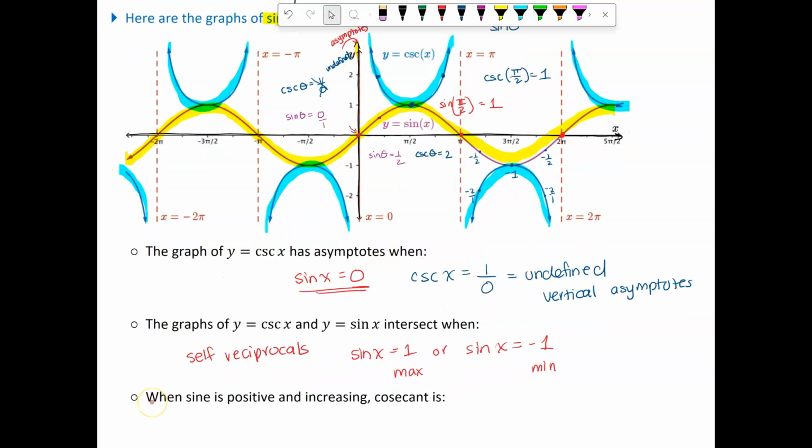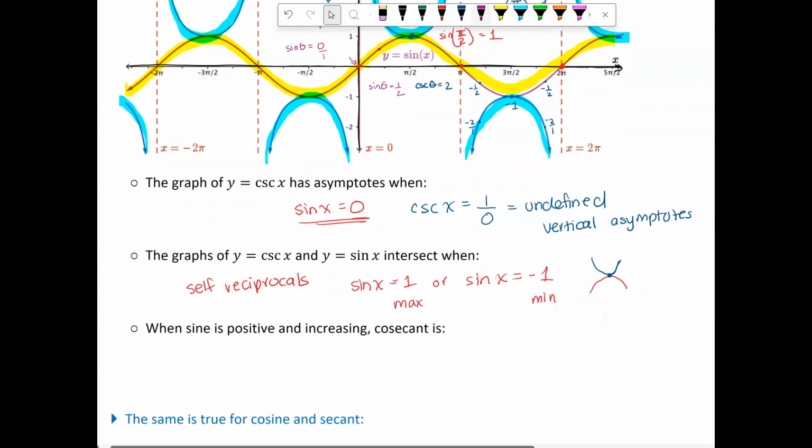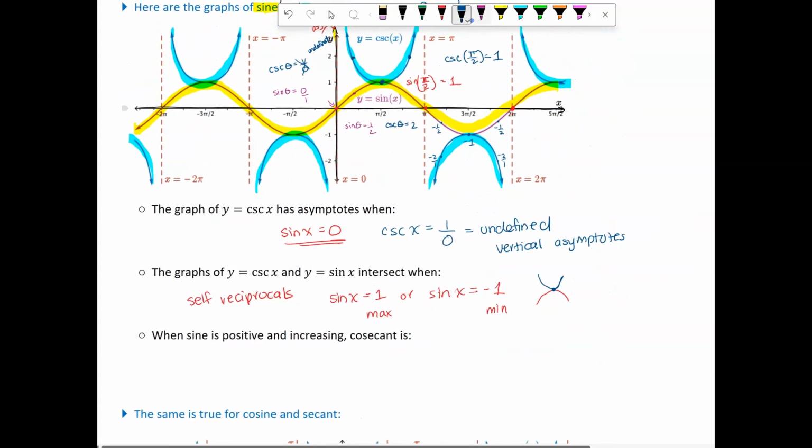Okay, so all of those max and min points are the same dots. So we have, again, anytime you see the sine graph going like this, that maximum point here, oops, I should make it intersect, will always be the same. So they have that shared point, okay? When sine is positive and increasing, cosecant is positive but decreasing.